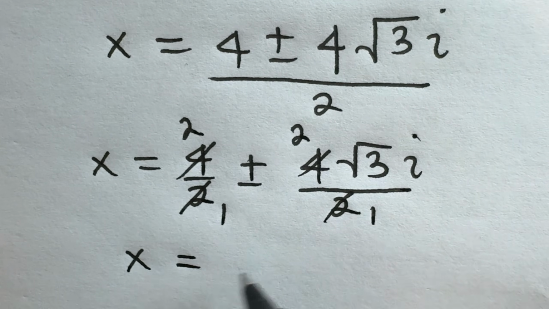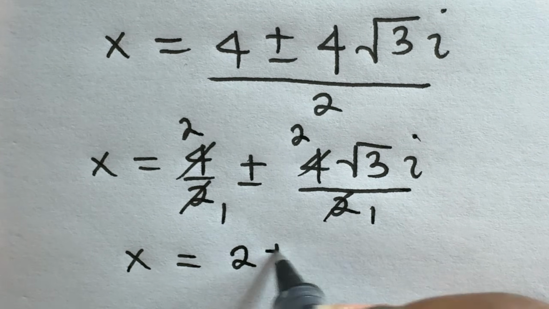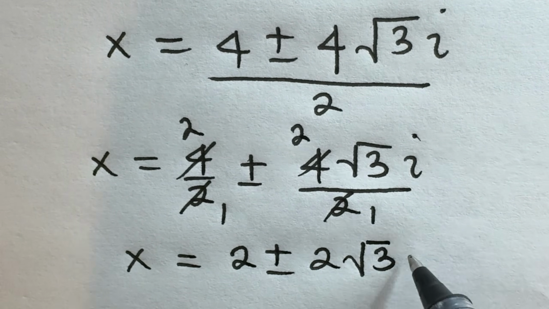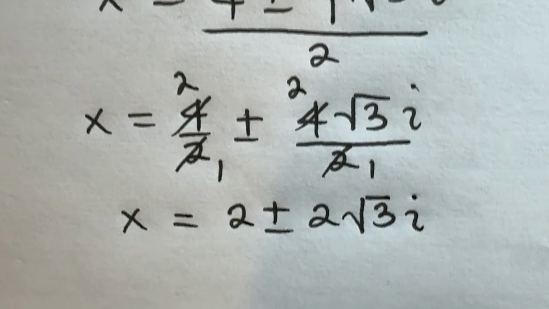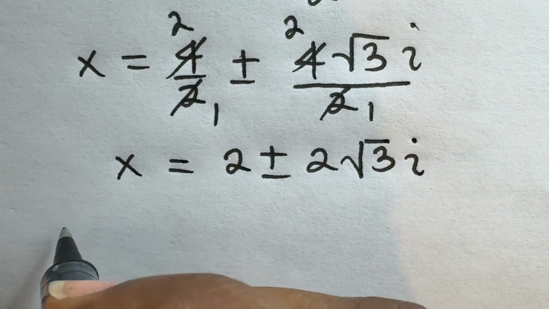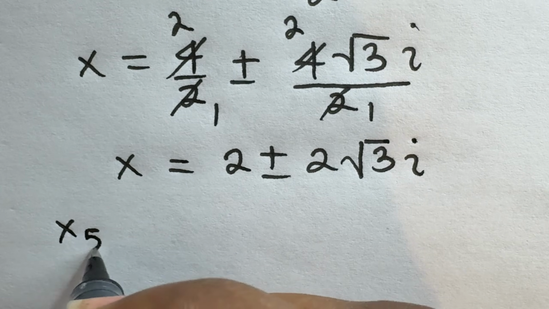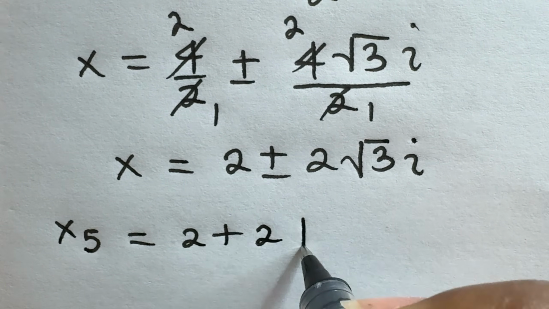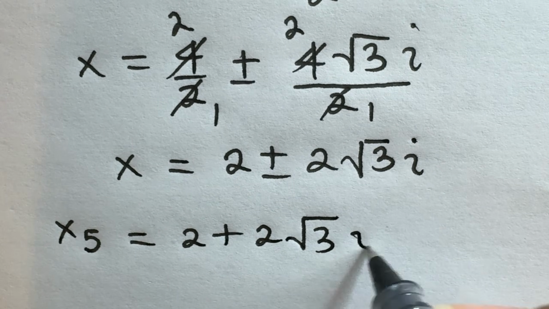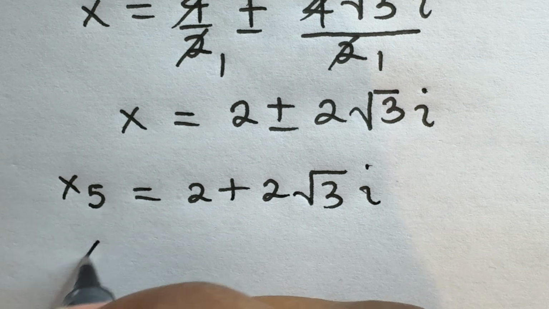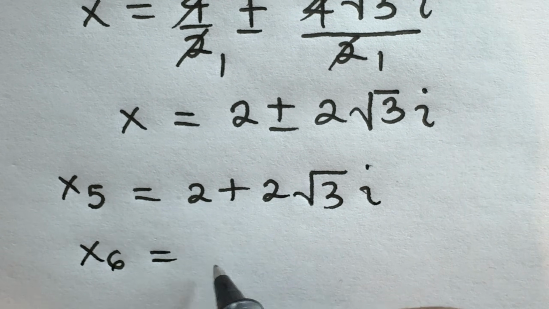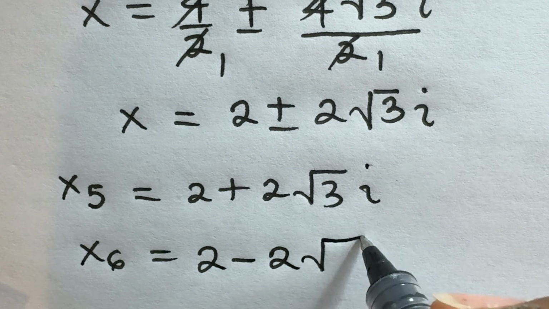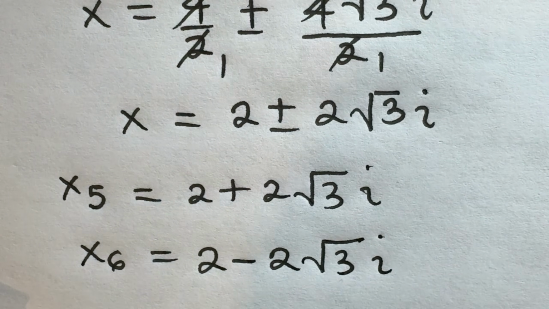We have x is equal to 2 plus or minus 2 root 3i, which when separated we have x5 now is equal to 2 plus 2 root 3i, and then x6 is equal to 2 minus 2 root 3i.